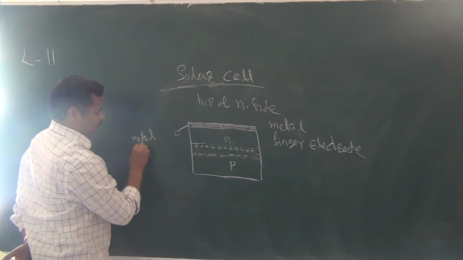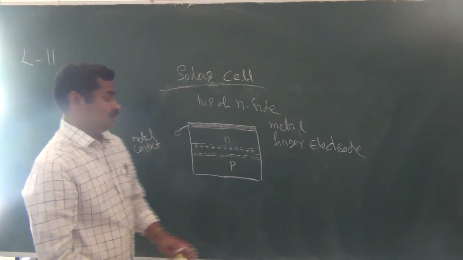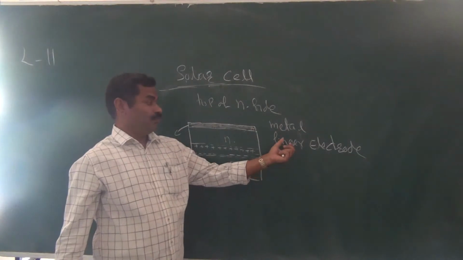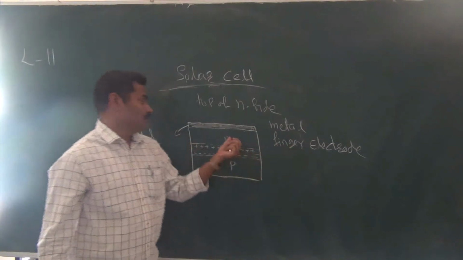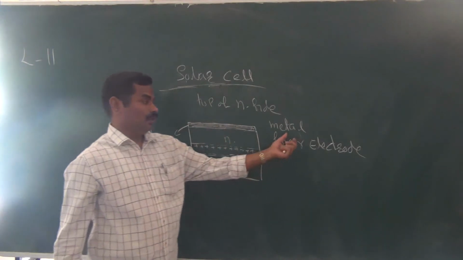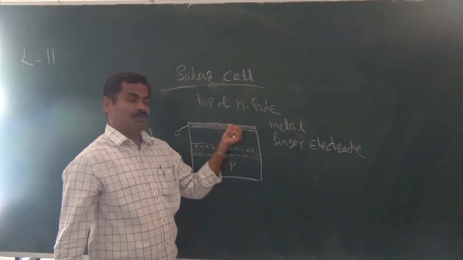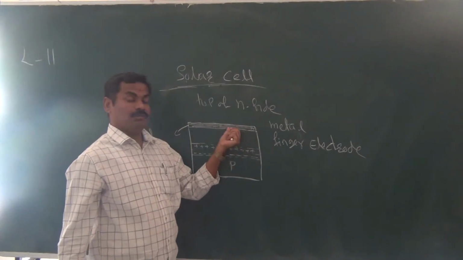You can deposit a metal finger electrode or a silver finger electrode on the top of the N surface.